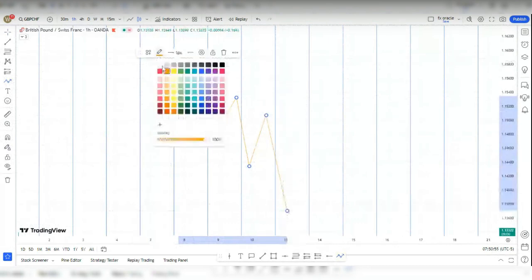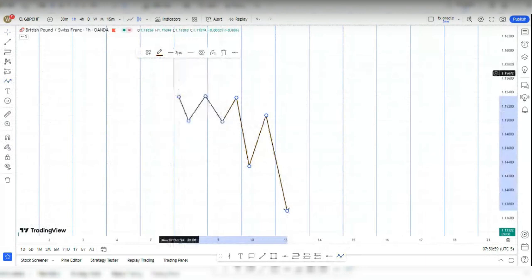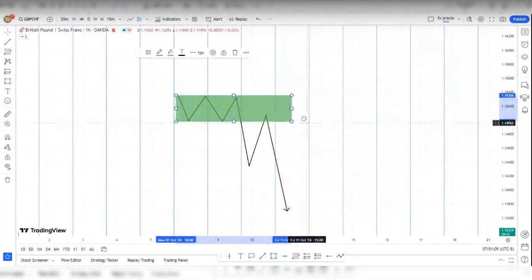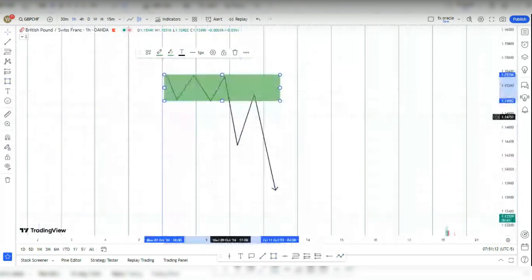So this particular range that it was moving sideways is known as your supply. Once price breaks out, price will pull back to do what? To mitigate it and continue.